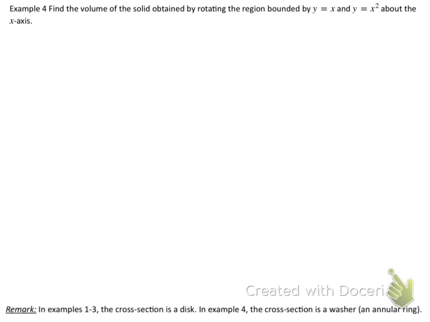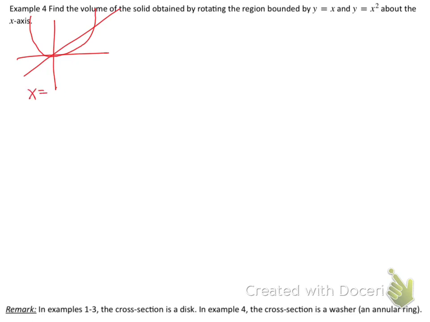Example 4: we want to find the volume of the solid obtained by rotating the region bounded by y equals x and y equals x squared about the x-axis. So y equals x squared is this way, and y equals x is this way. First of all, you need to know where they meet each other.